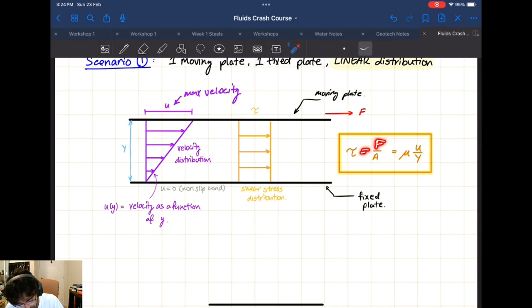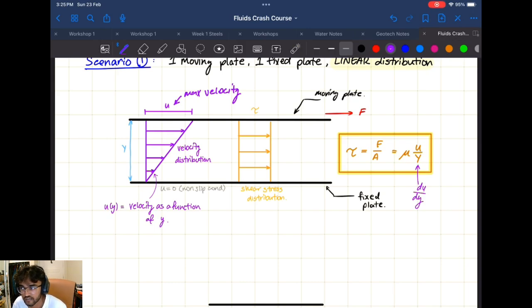Alright. Using our law of viscosity, we know that tau, or shear stress, is equal to F over A, where A is our shear area, which is equal to our viscosity times du over dy. In math terms, du over dy is literally just a gradient. It's the gradient of our velocity distribution, or velocity function.